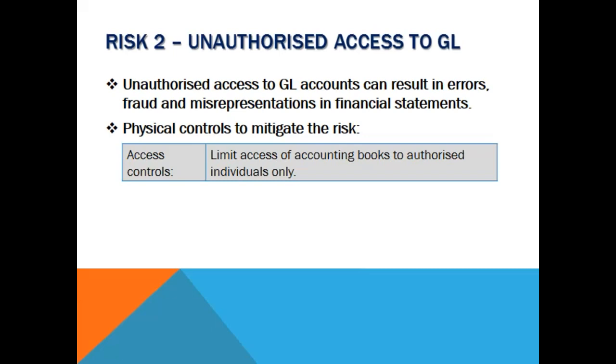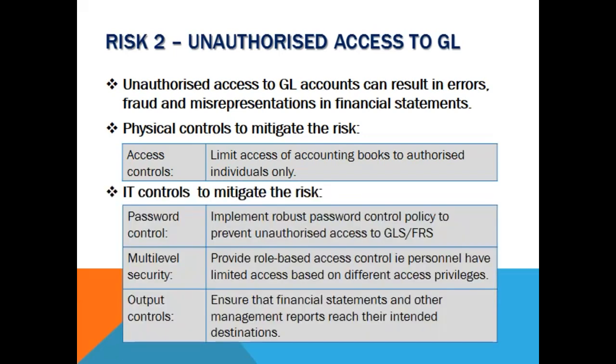IT controls may be in the use of password control, where robust and complex passwords help prevent unauthorized access. Multi-level security, where different users are given different access privileges. And output controls, where reports reach the intended users.